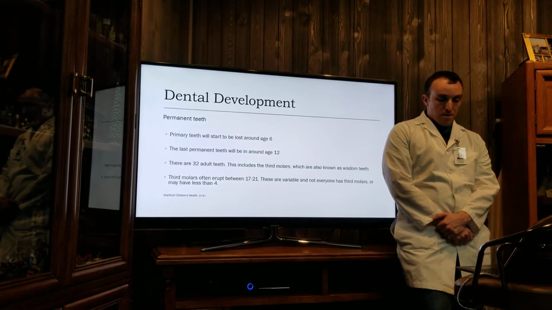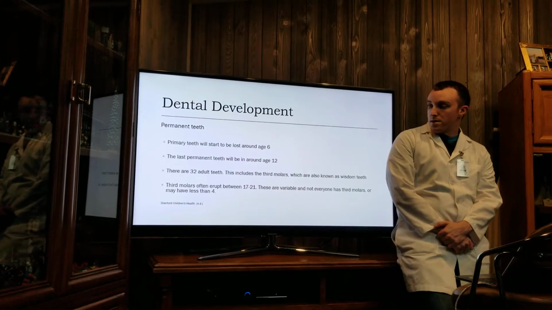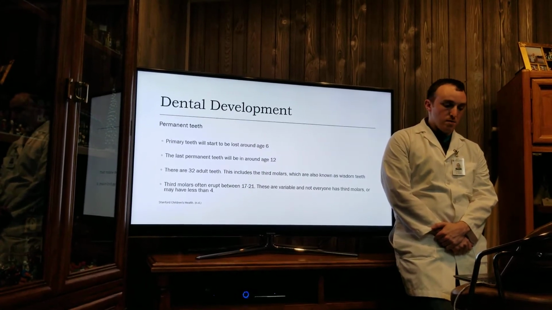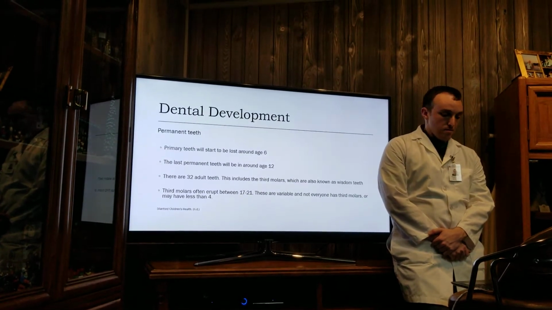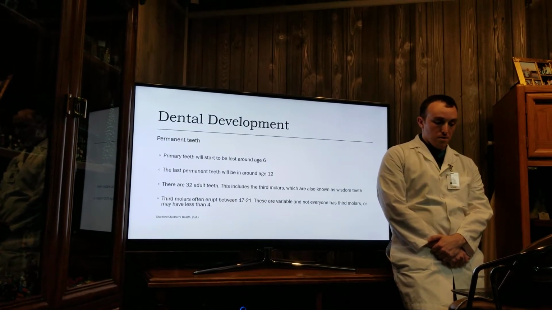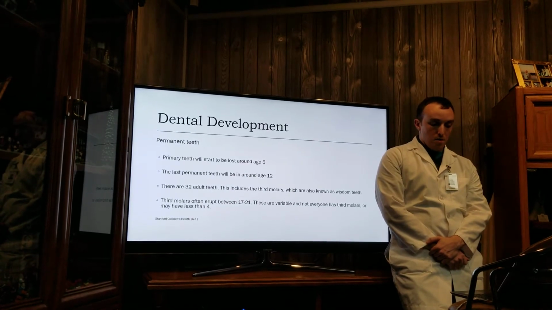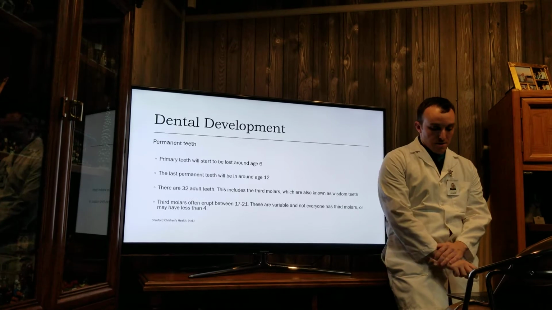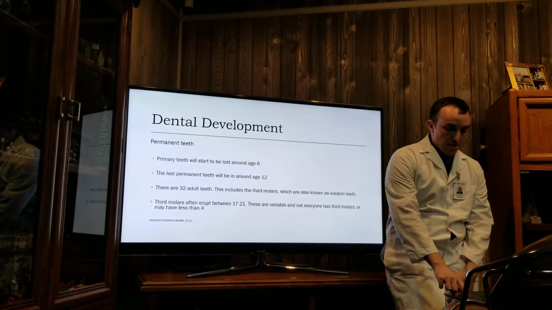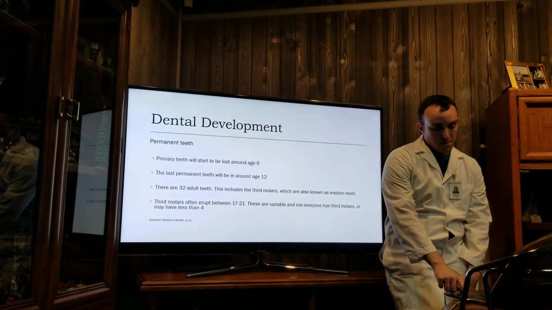Third molars often erupt later in people, usually between 17 and 21 years old. This can be variable. Some people don't have third molars, or they'll have just 1 or 2, less than 4 teeth. It just depends on the person. And often they are removed due to crowding in the mouth.